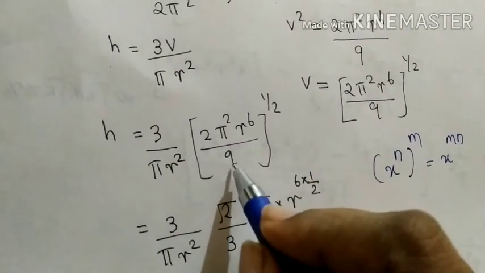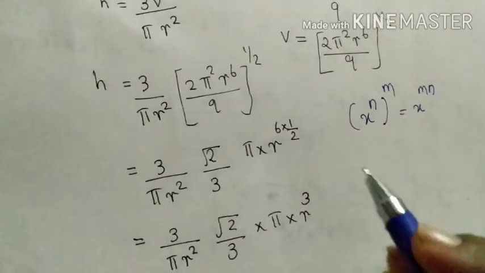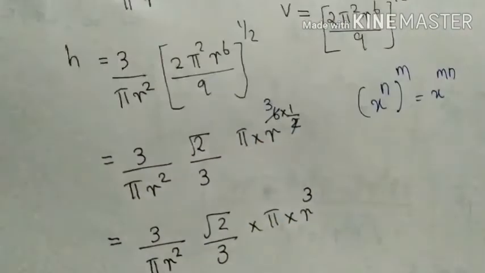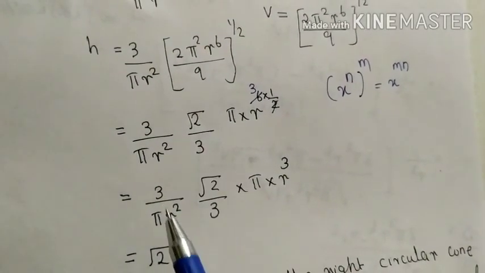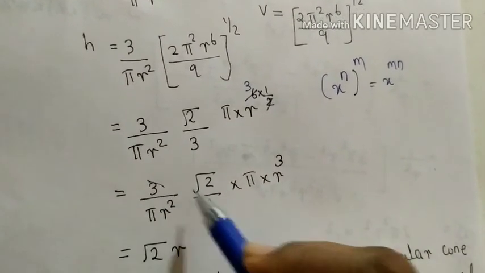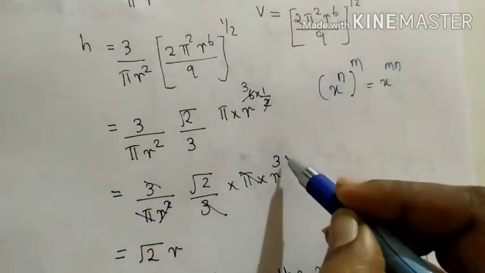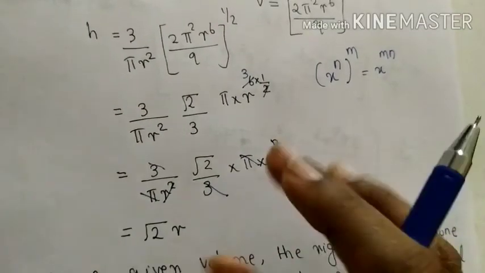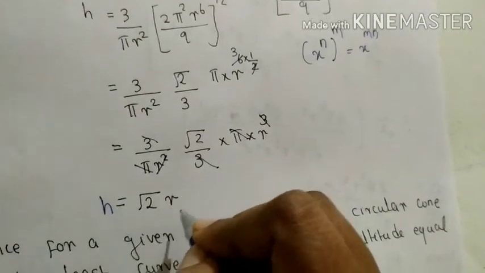Whole divided by 9 raised to 1 by 2, which is root 9, that is 3. Okay. So cancelling this, we get r cube here. So the final answer is 3 pi r square into root 2 by 3 into pi r cube. Here cancelling these 3s and these pi and this r square, we get root 2 r. Only left is root 2 r and we get h equal to root 2 r.